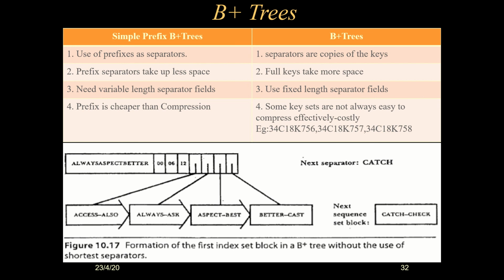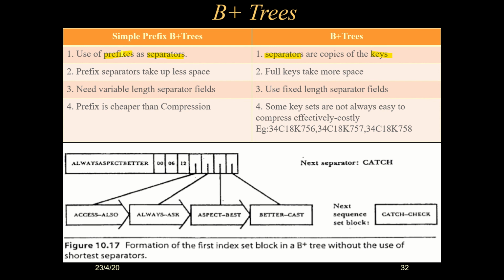The next one is B plus trees. Now we need to see what is the difference between simple prefix B plus trees and B plus trees. In the case of simple prefix B plus trees, we have already seen that we are just taking prefixes as the separators. We are not taking the full key name as it is. But in the case of B plus tree, we are taking the separators as the key itself, meaning the whole actual key is taken as the separator.